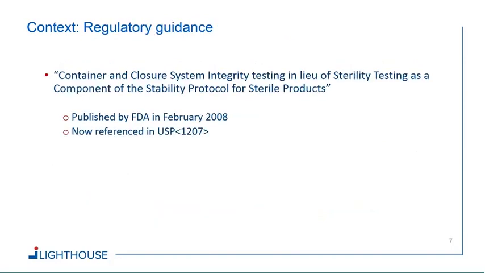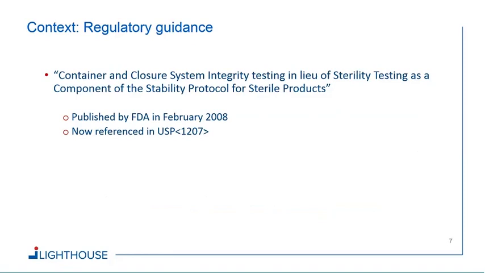And in fact, it's a little bit contradictory with this particular guidance, which was released by the FDA in 2008, where they actually suggest using a CCI integrity test in lieu of sterility testing as a component of the stability protocol for sterile products.